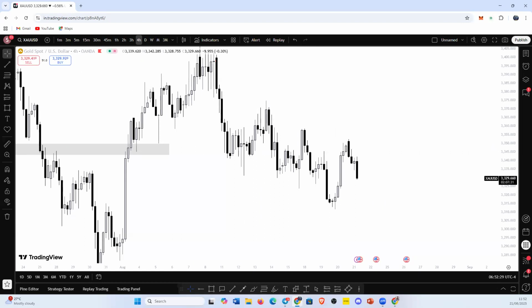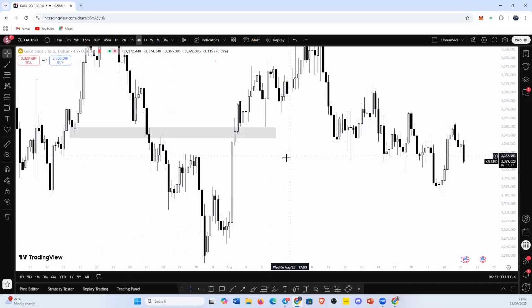Because I love gold a lot and I limited my pair a lot. I love gold. So I think that's all about SNR level.